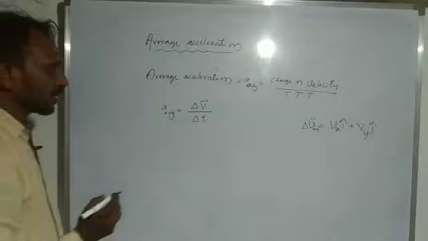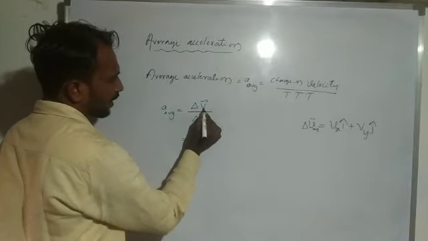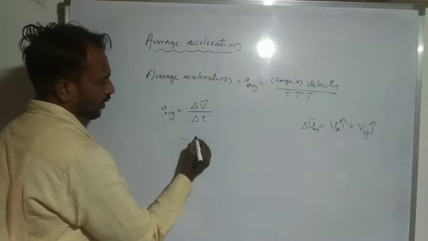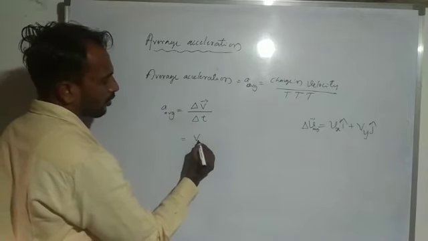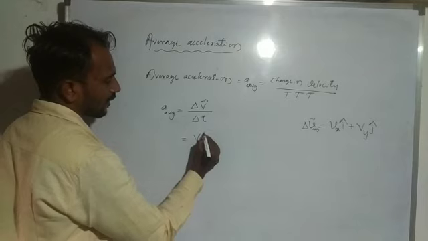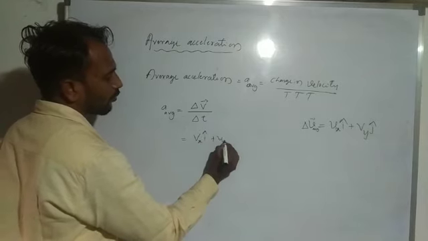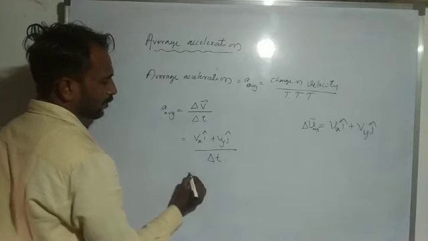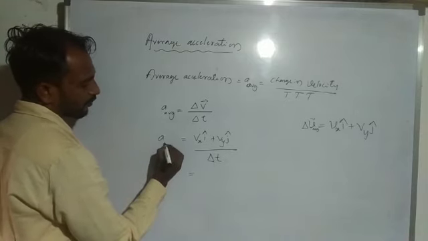Delta v, the velocity along the x-axis Vx i cap plus Vy j cap, divided by delta t, the total time taken.